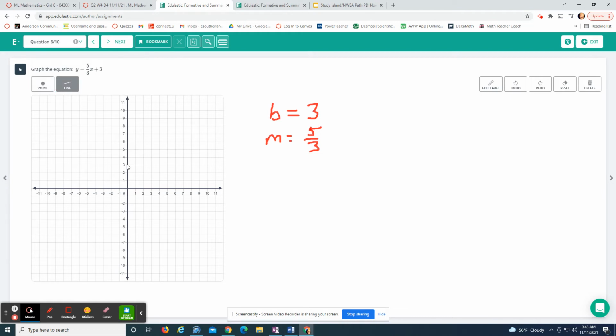I want to start at 3. And then slope is rise over run, so I want to go up 5 and over 3. So 1, 2, 3, 4, 5, over 1, 2, 3. And then that will graph my line and we're good to go.